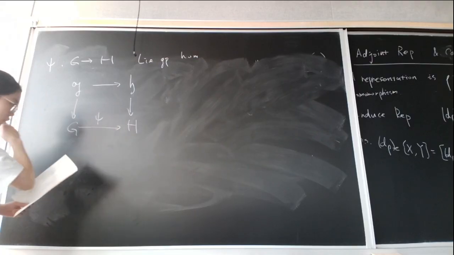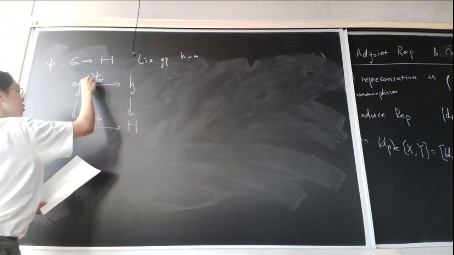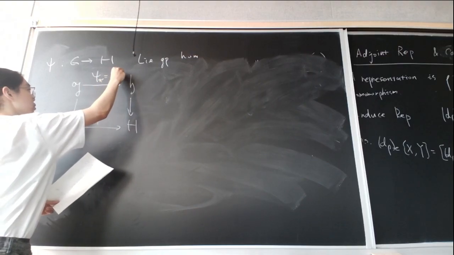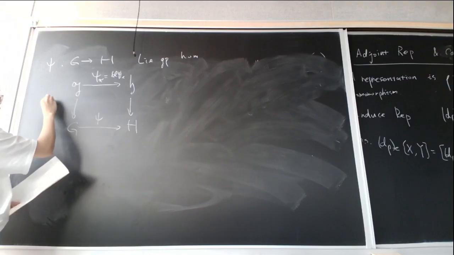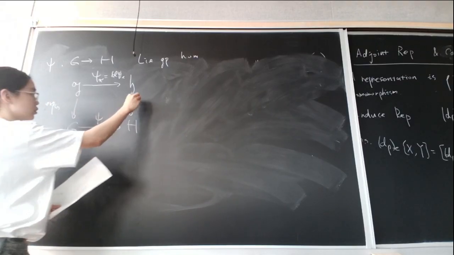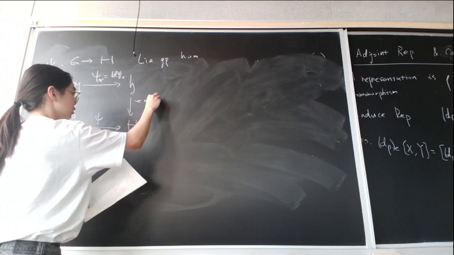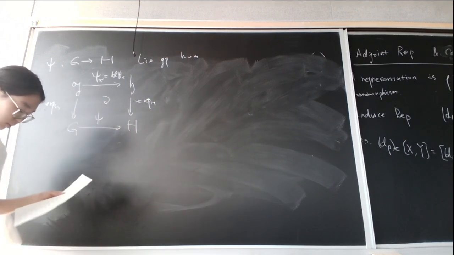You have phi here, and this is phi lower star, which is equal to d phi at identity, and then you have the exponential map. And this commutes.